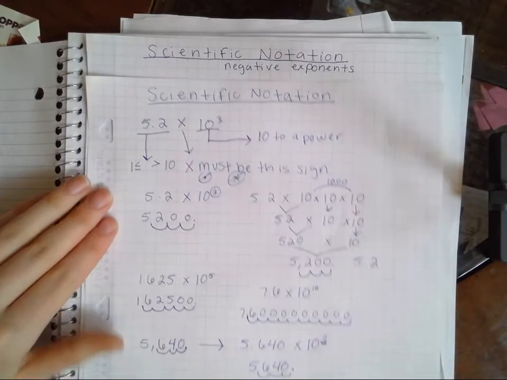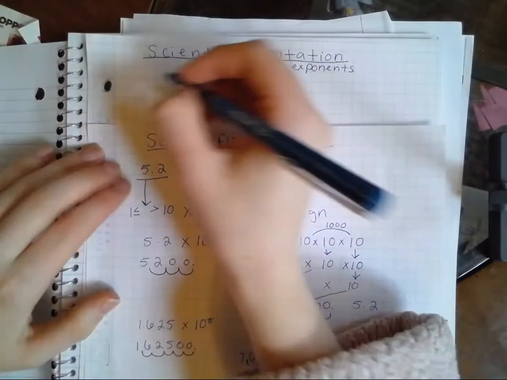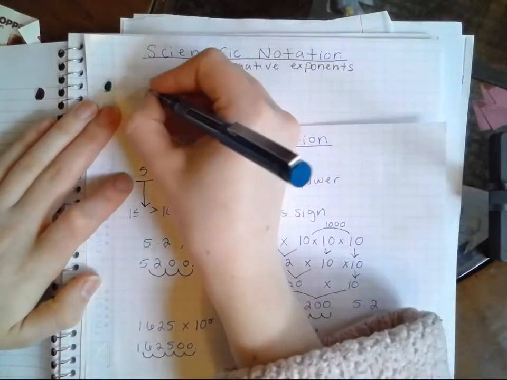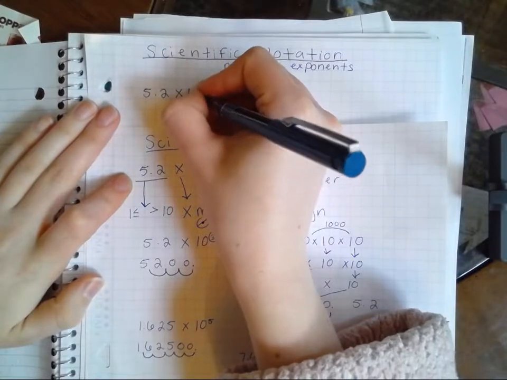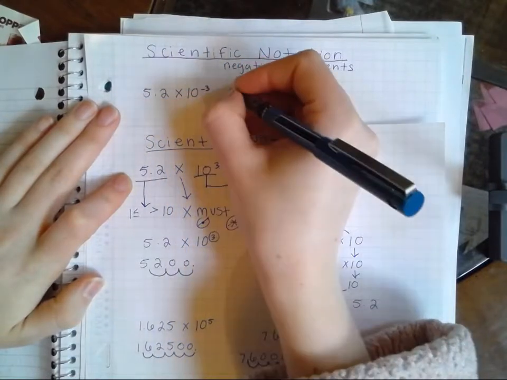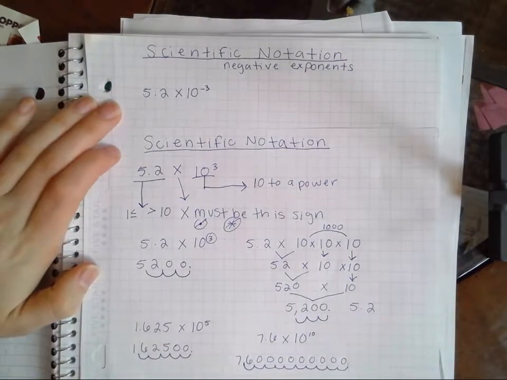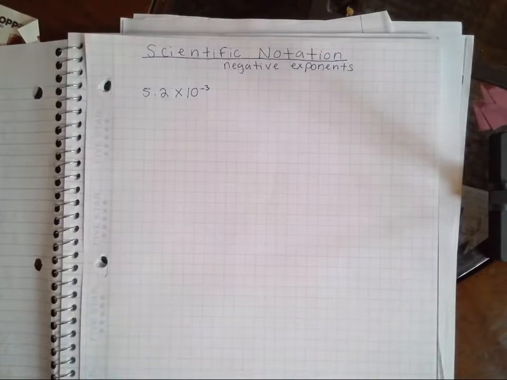Now, with negative exponents, you have to do something slightly different. We can do the same problem as we did down below: 5.2 times 10, now to the negative third instead of the positive third. You have to know what negative exponents do to a number.